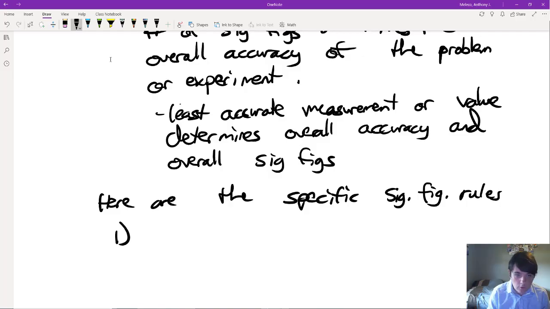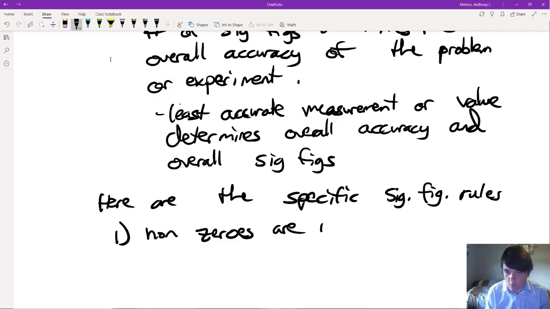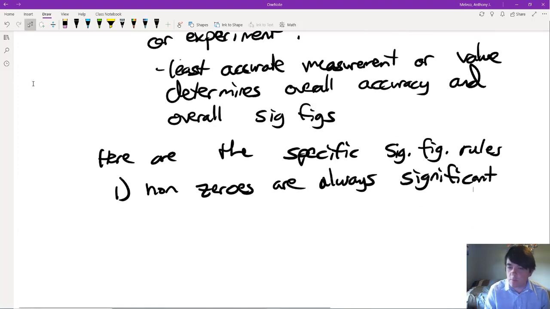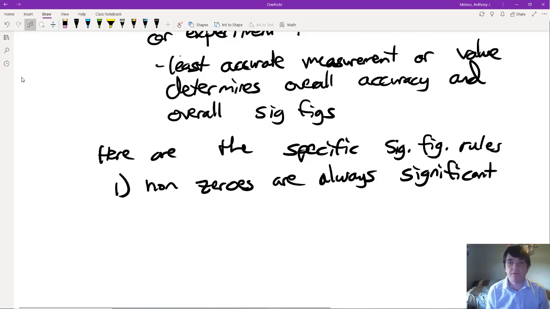Number one, there's only 4. So non-zeros, and if you've been in other scientific courses, you've probably heard this a lot, or math. So non-zeros, they're always significant. So if there's 1, 12, that would be 2 sig figs.